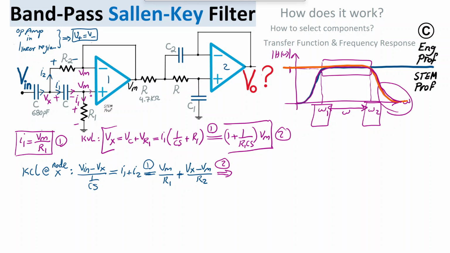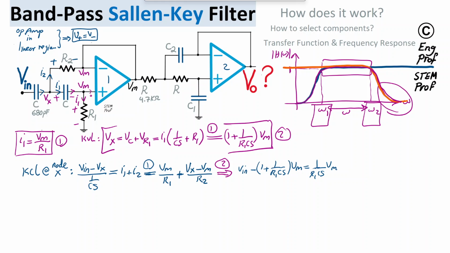As a result, what I get is, and I can multiply 1 over Cs to the other side so that I get rid of the denominator. So Vin minus (1 plus 1 over R1 Cs) times Vm, that's this, and then equal to 1 over Cs times Vm over R1, so I can just say 1 over R1 Cs times Vm.